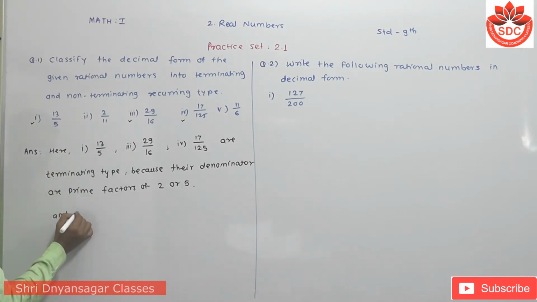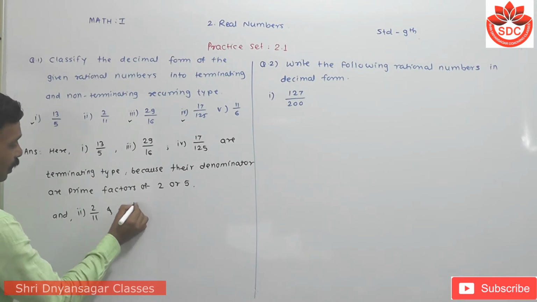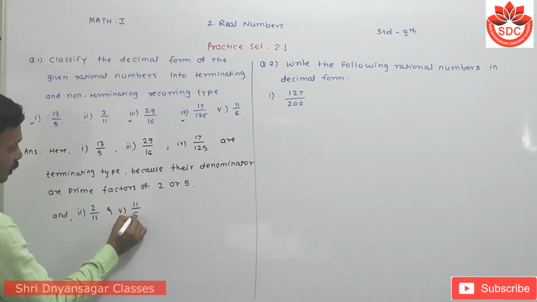And the second one is 2/11, and then the fifth one is 11/6.